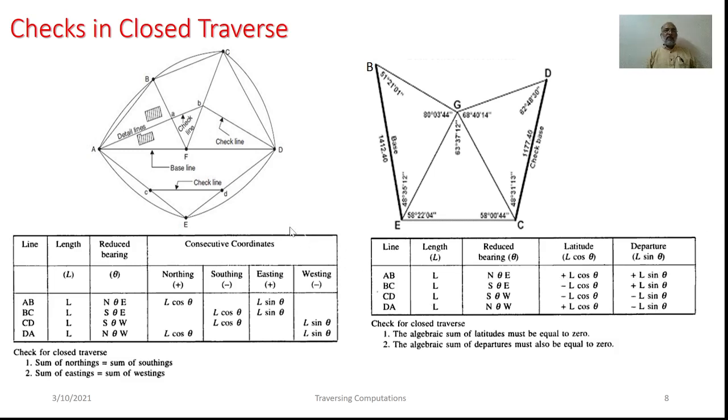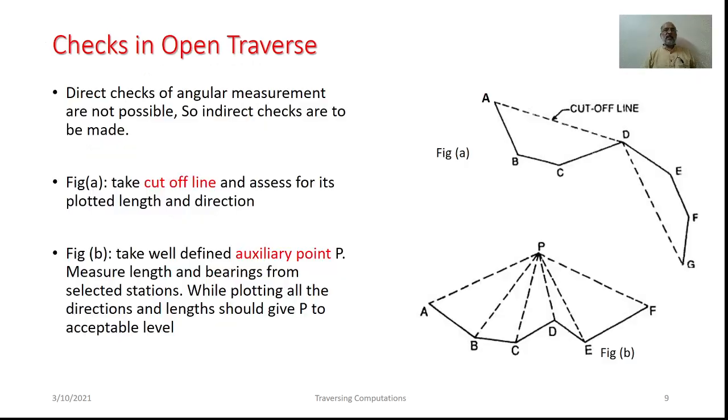For this closed traverse, the sum of the northings should be equal to the sum of southings, and the sum of eastings should be equal to the sum of westings. In other words, the algebraic sum of latitudes must be equal to 0, and the algebraic sum of departures must also be equal to 0.